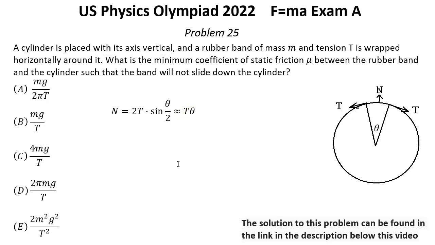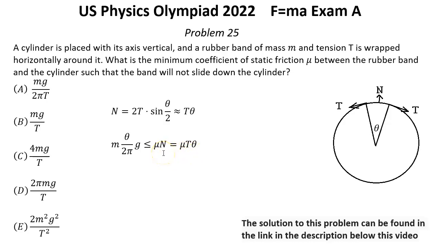On the other hand, we can find the force of friction. That will be μ multiplied by this normal force. For equilibrium, the weight of this piece, which is m multiplied by small angle theta over 2 pi multiplied by g, must be less than μN, which is μ T theta.